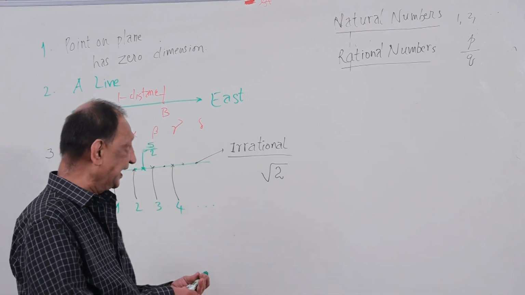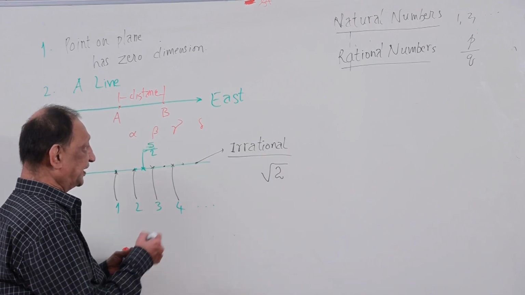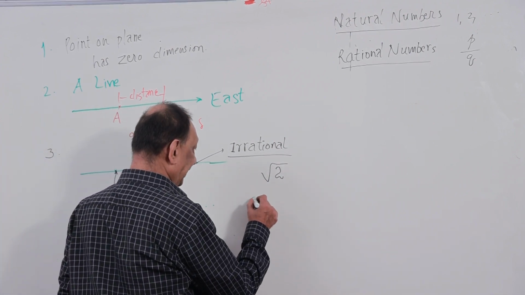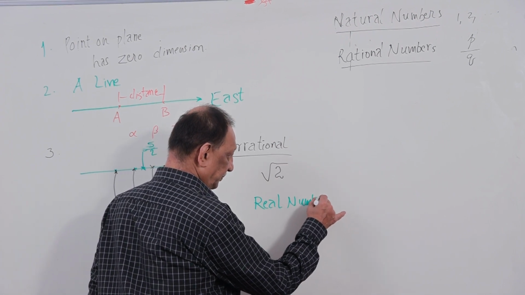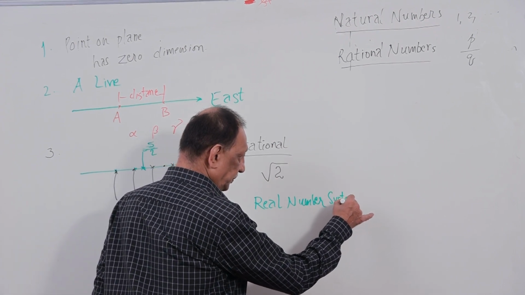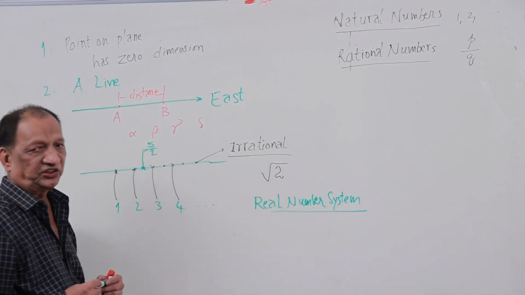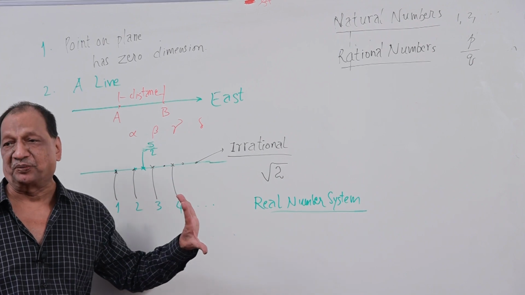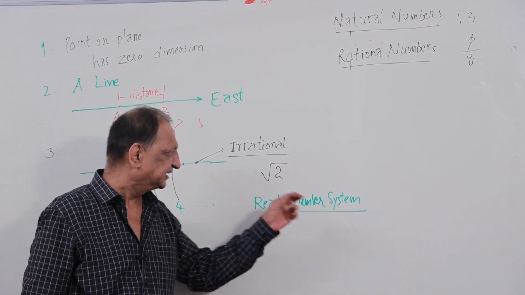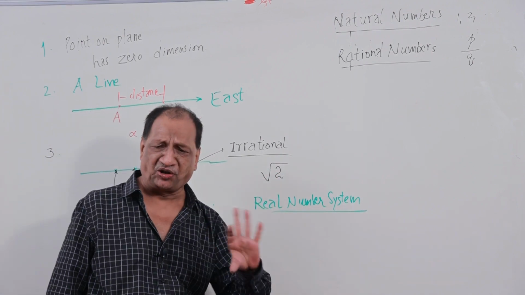And once you do that, what you get, the points on a line becomes the real number system. So the real number system includes both irrational and rational numbers and negative numbers and positive numbers. Since it is really a point on this axis, we call it a real number.